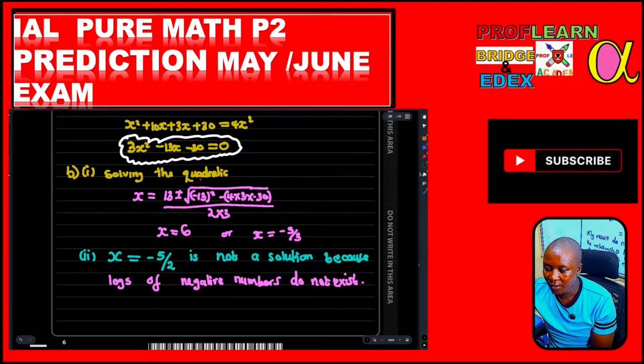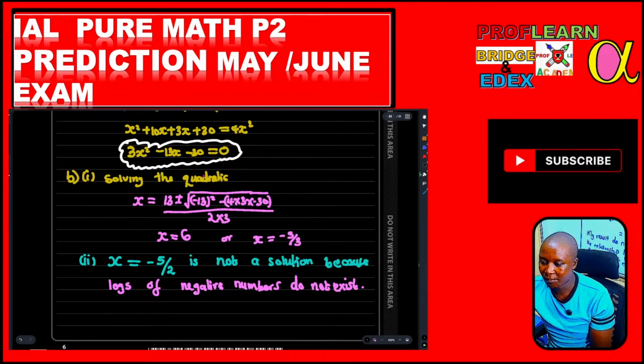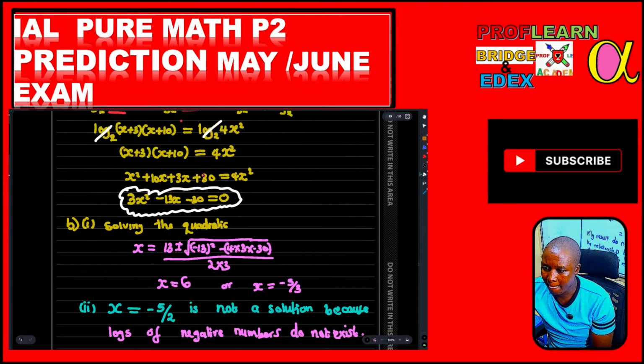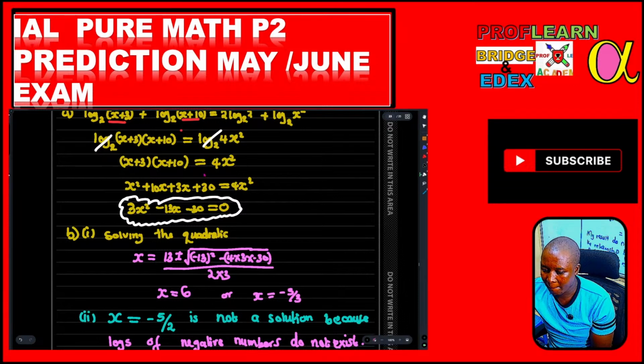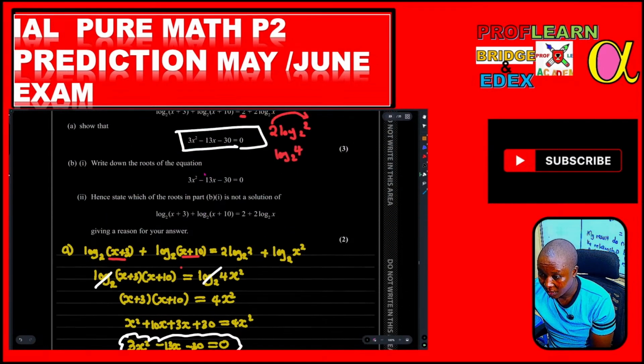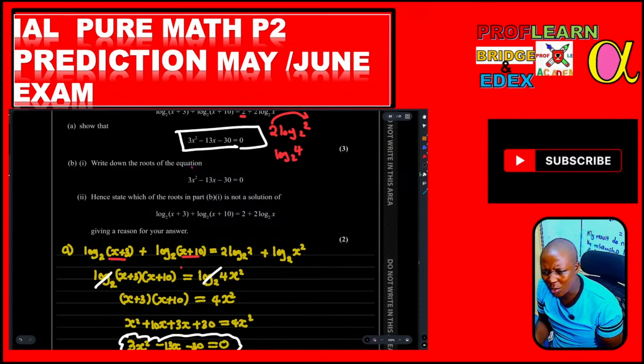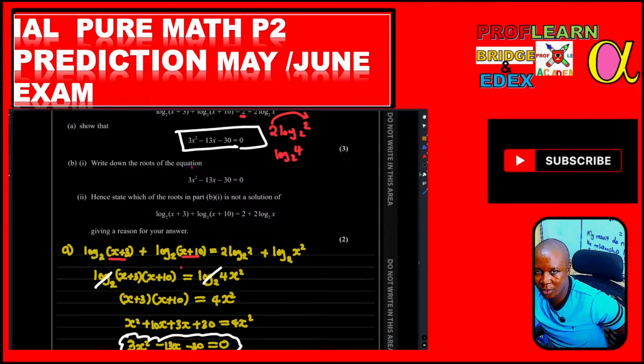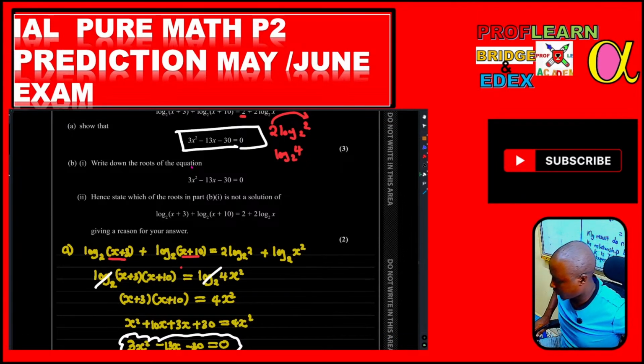Then solve the quadratic, or rather, let's go back. We have the quadratic, then write down the roots. What do the roots mean? The roots are the solutions of a quadratic, so don't forget that.